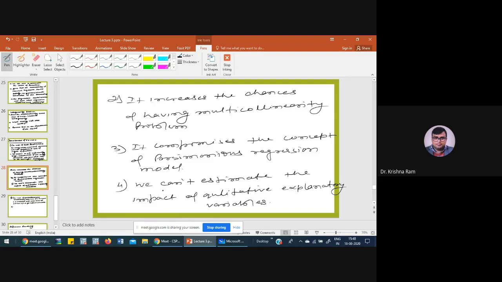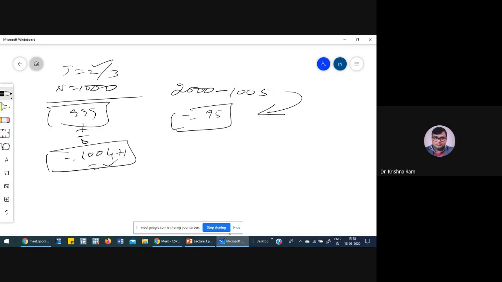And the last one is we can't estimate the impact of qualitative explanatory variables. Let's suppose that in our regression model, we also have a gender component. For that, we will require to include a gender dummy variable. But again, gender is related to the cross-sectional unit.